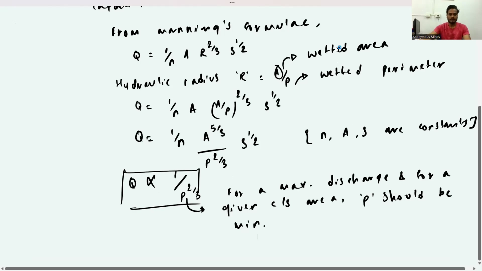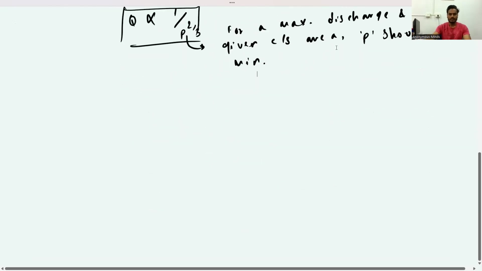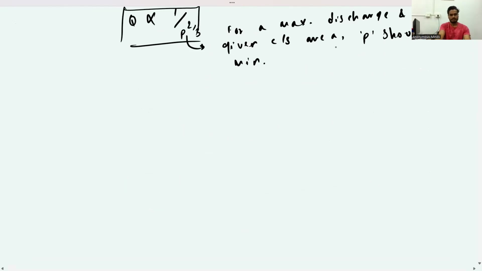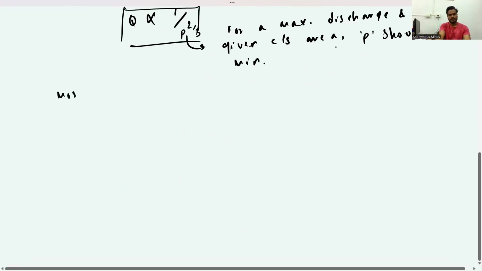Now let's start with most efficient rectangular section.